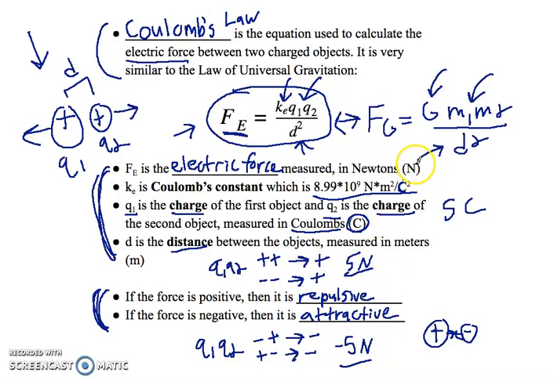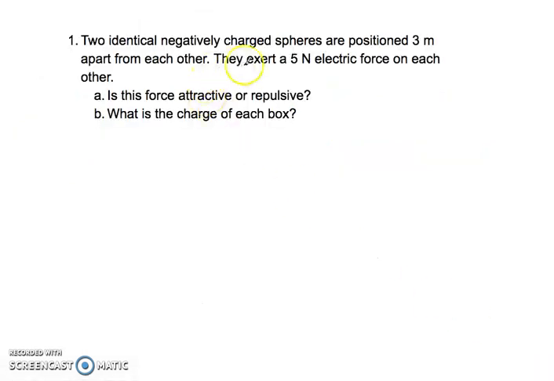We're going to get into a problem I think that's going to help a lot with making sense of it. So here's the problem. Take a second, read it, see if you can do it first before I go through it. Okay, so we'll go through this problem.